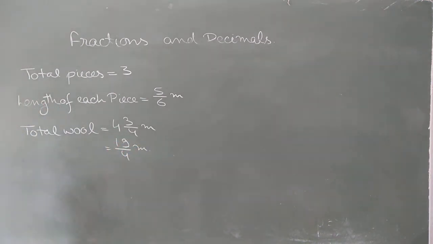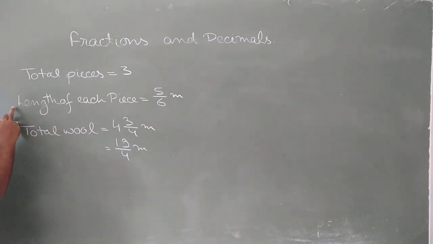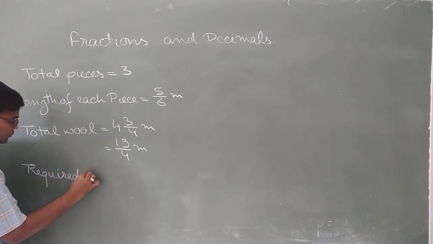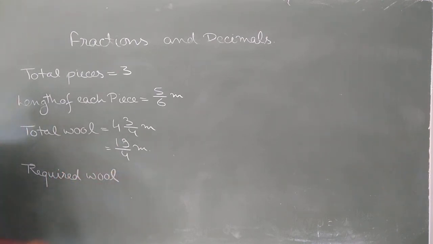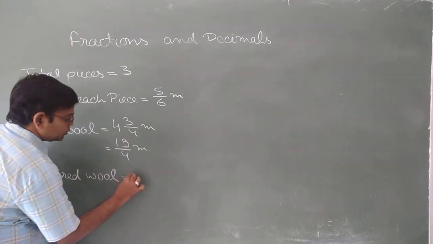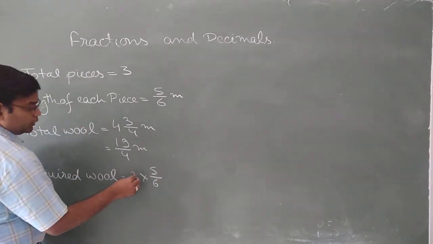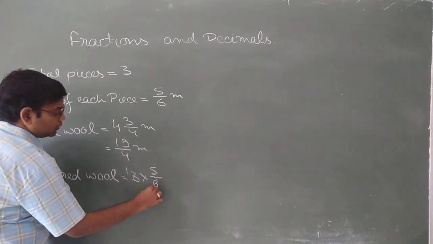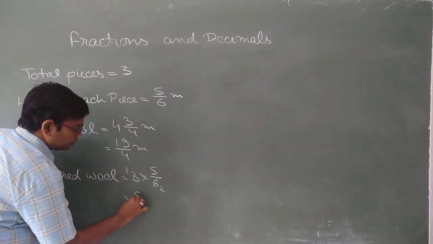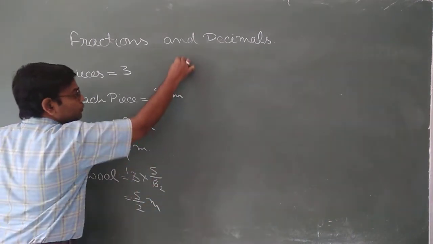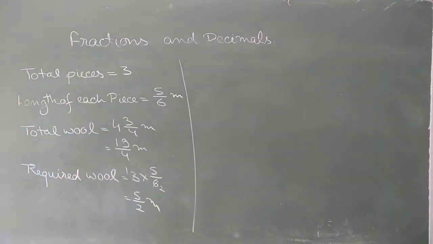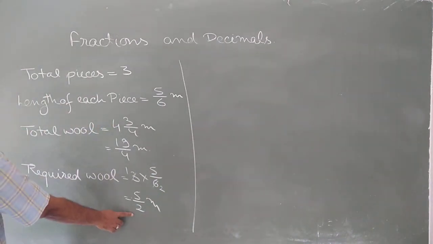Clear? So total required equals 3 into 5 upon 6. Whenever we multiply, 3 1s are 3, 3 2s are 6. It's 5 upon 2 meter. One thing is given.